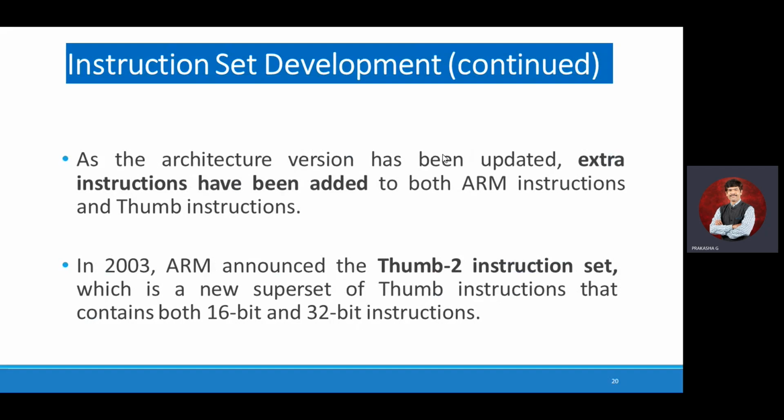So the major advantage of Thumb2 is it can deal with 16-bit data and also 32-bit data. Previously, thumb instruction was mainly used for 16-bit operation. Now, with Thumb2, based on the requirement, we can go for 16-bit or 32-bit. Let us move ahead.